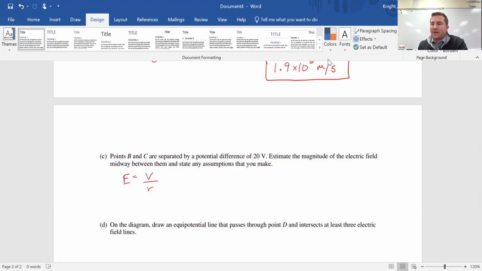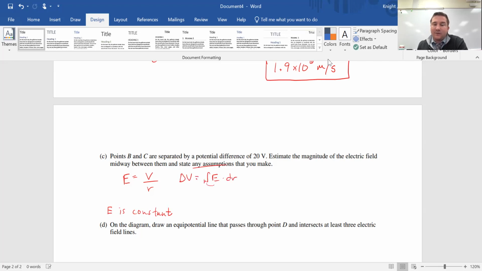Potential difference equals the negative integral of E dot dr. If we say E is constant, which we should state as one of our assumptions, let me just work this all the way. Delta V equals the integral of E dot dr. E is constant, so that pops out.